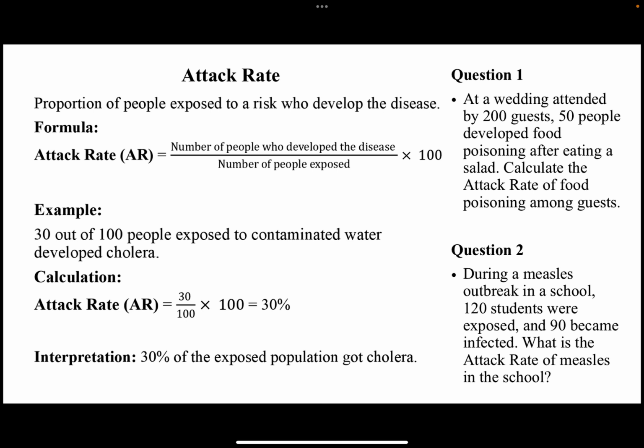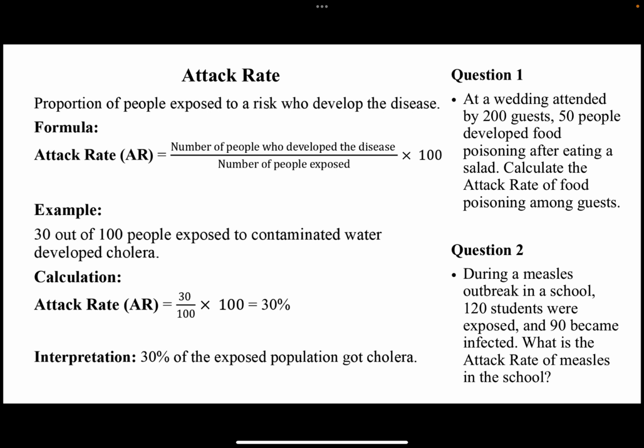Now let's do our first example. 30 out of 100 people exposed to contaminated water developed cholera. So that means how many people were exposed? 100 people were exposed, and 30 of them developed cholera.